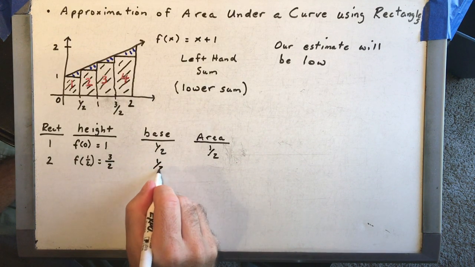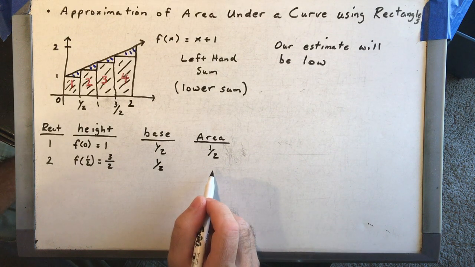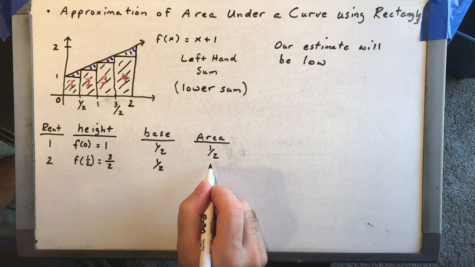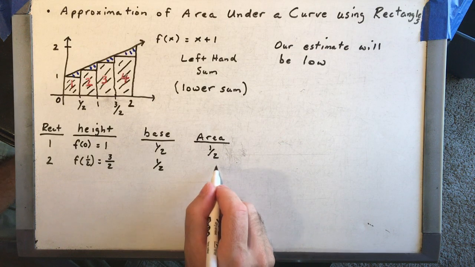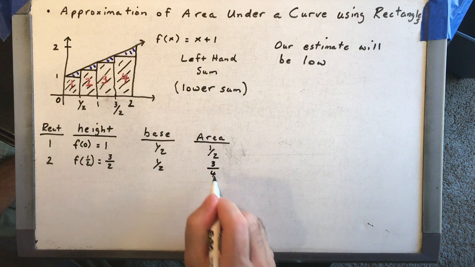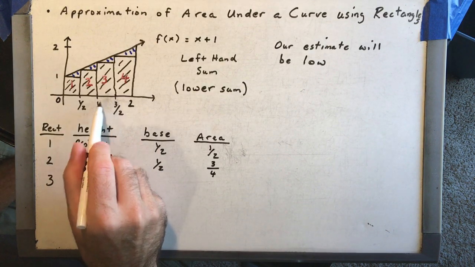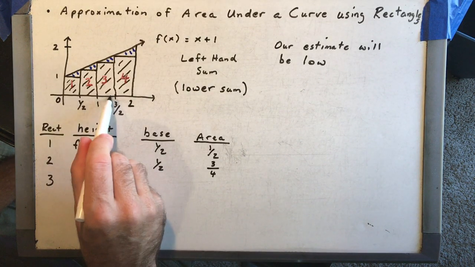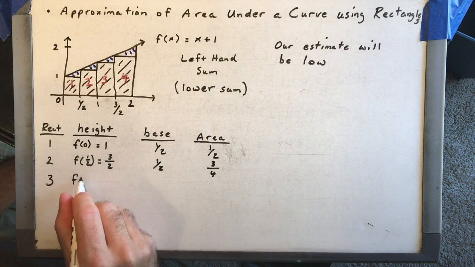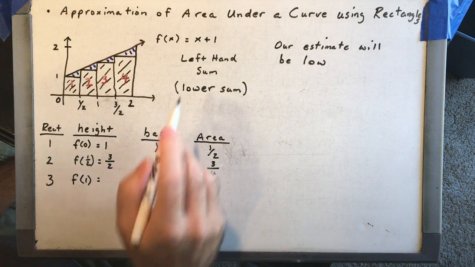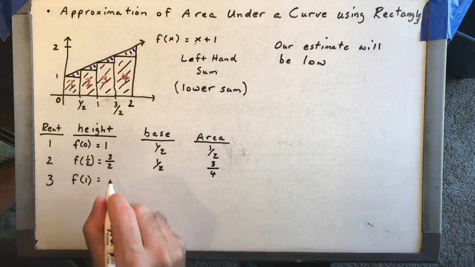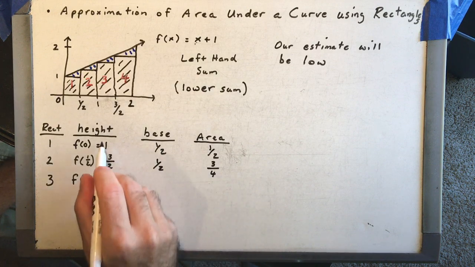The base of that rectangle is always 1/2, so that would be an area of 3/4. Rectangle 3, the left side of rectangle 3, it's f of 1. 1 plus 1 is 2. So the height is 2.